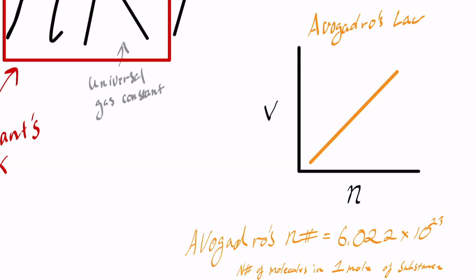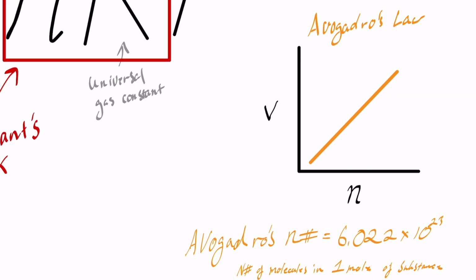And what this means is that if everything is constant and you have an increasing amount of moles, you can apply Avogadro's number to figure out the exact amount of atoms or particles or ions in that volume, which is represented by V. So there's a linear relationship here.